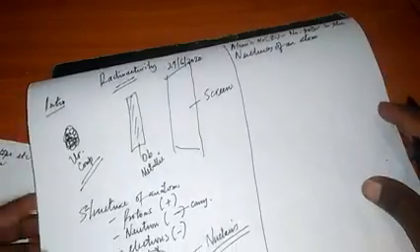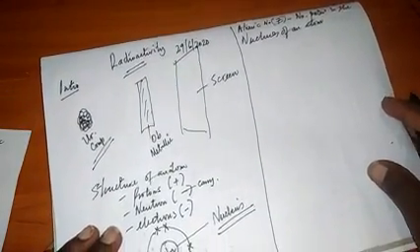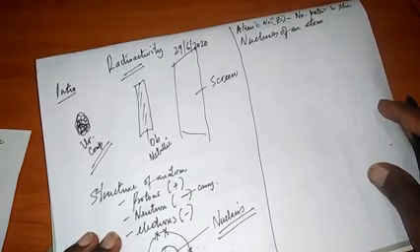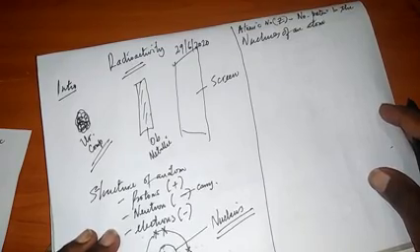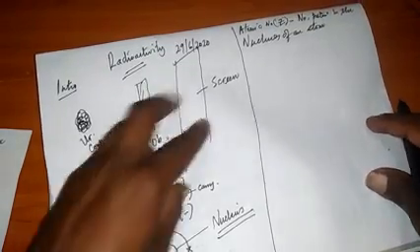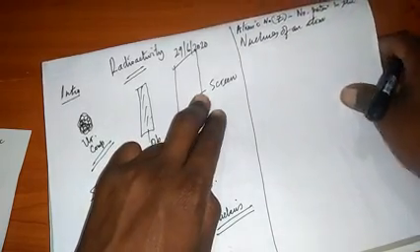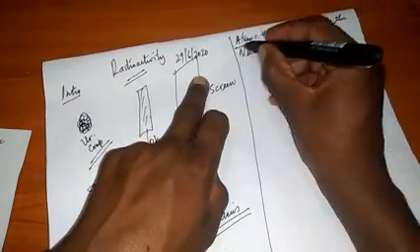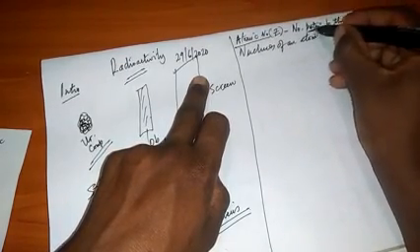You can also define it as the number of electrons, because the number of protons and the number of electrons in a neutral atom are equal. So the atomic number is the number of protons in the nucleus of an atom.